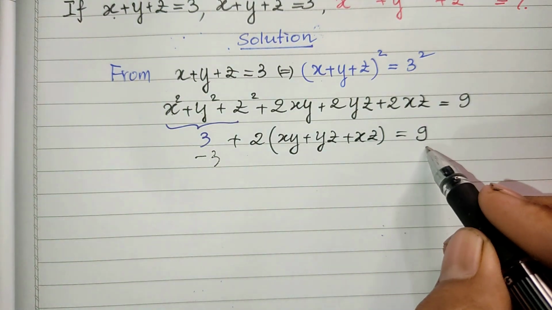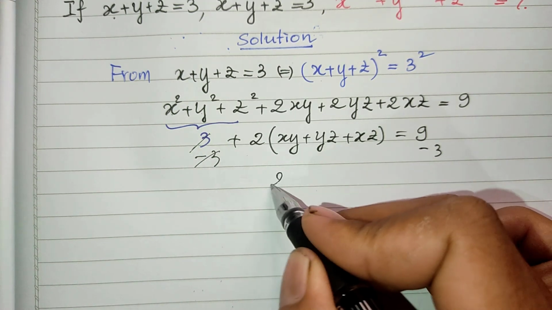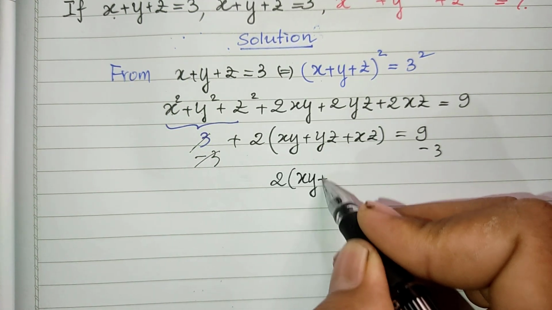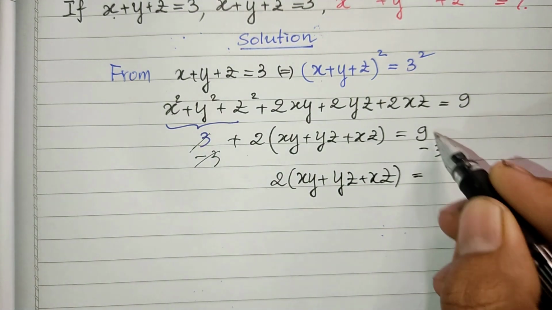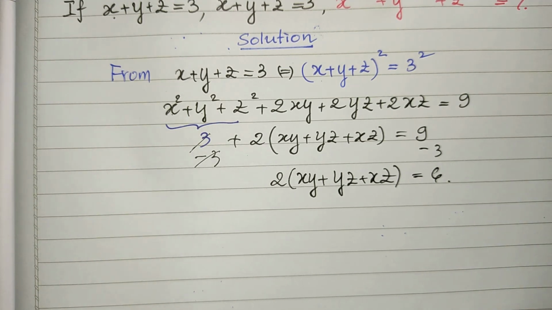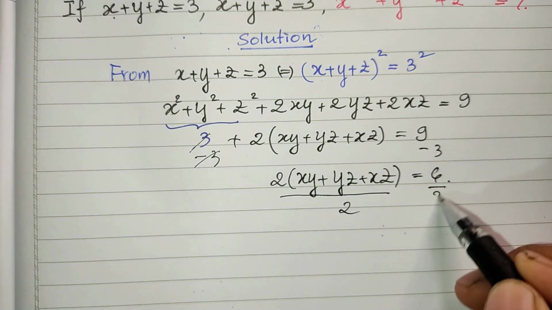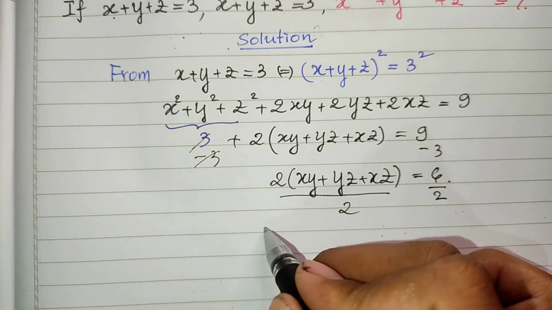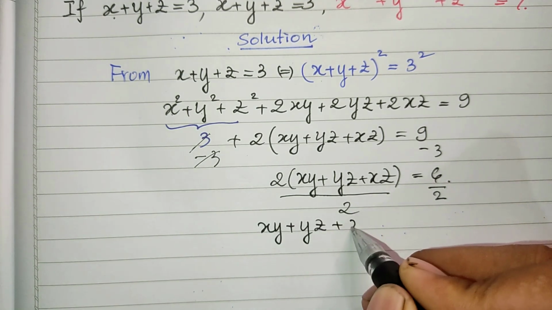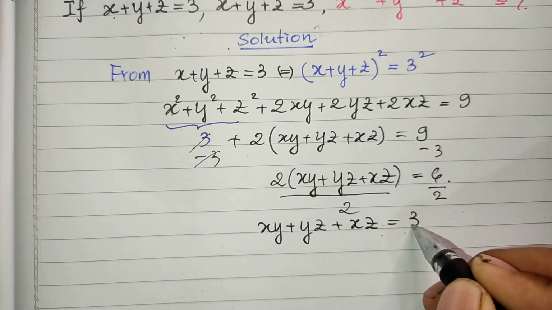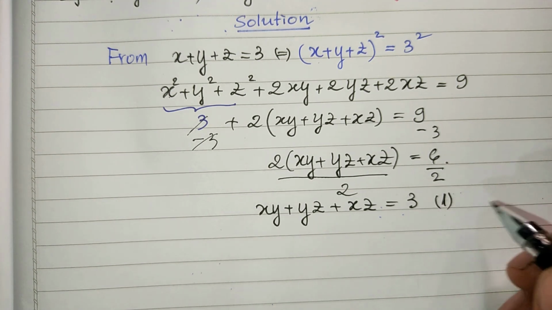Minus 3 on both sides and simplify: 2 multiplied by xy plus yz plus xz equals 6. Now I divide both sides by 2, so xy plus yz plus xz equals 3. Let's call this the first equation.